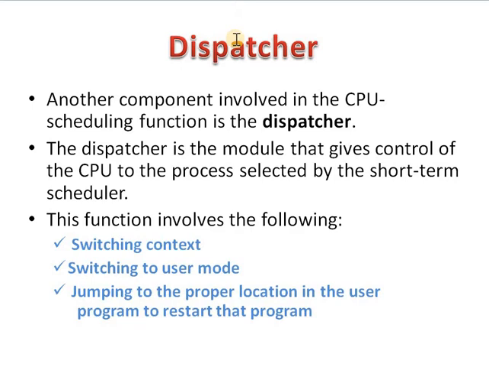Whenever the scheduler completes its job of selecting the process, then the dispatcher's task is started. The dispatcher takes a particular process from that queue and assigns or allocates that process to a CPU. This is the main task of the dispatcher.